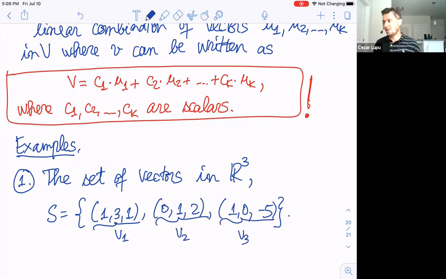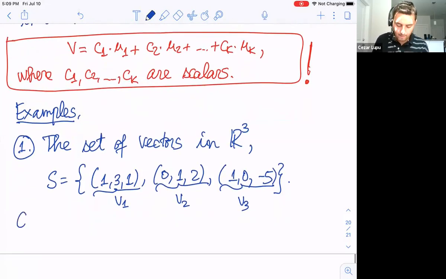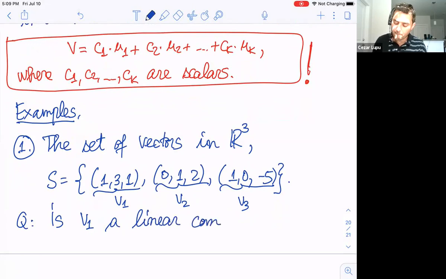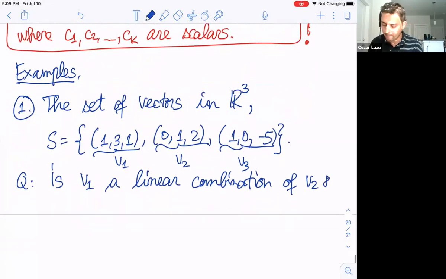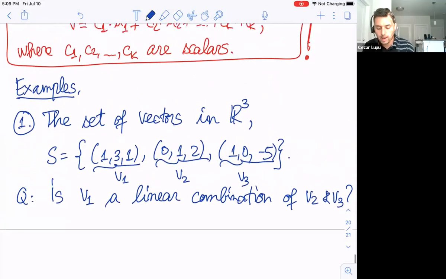Now the question I want to ask is: is V1 a linear combination of V2 and V3? Is this vector indeed a linear combination of these two? Well, let's go back to the definition.